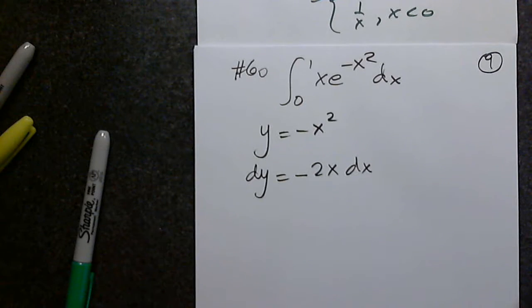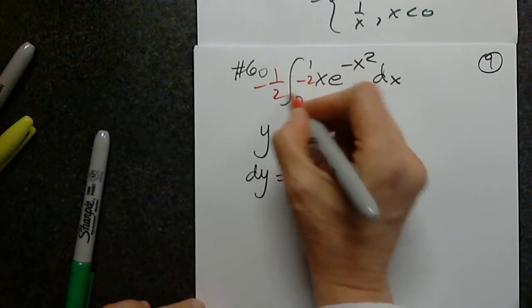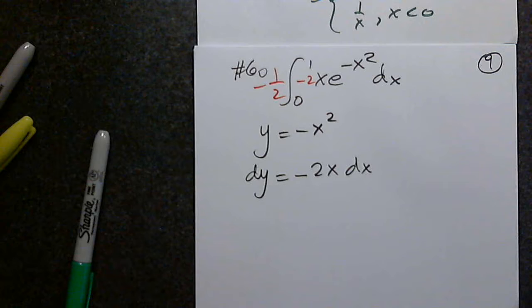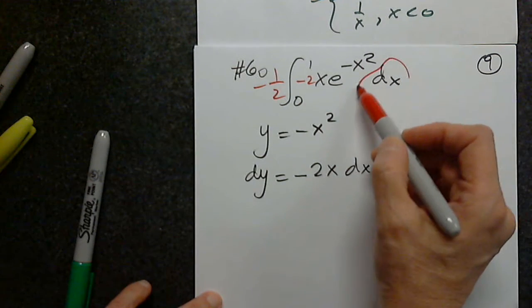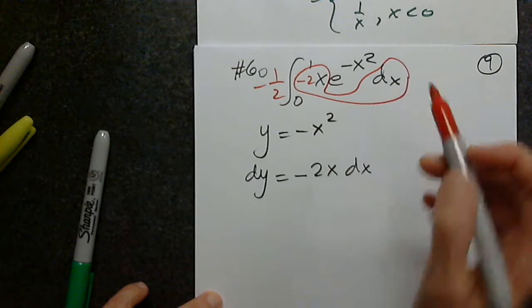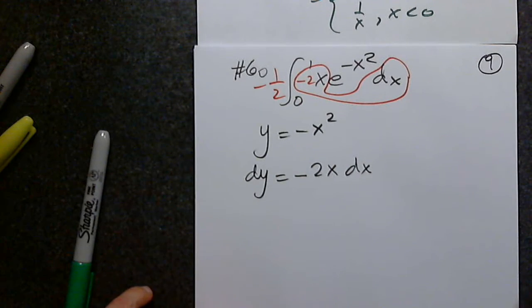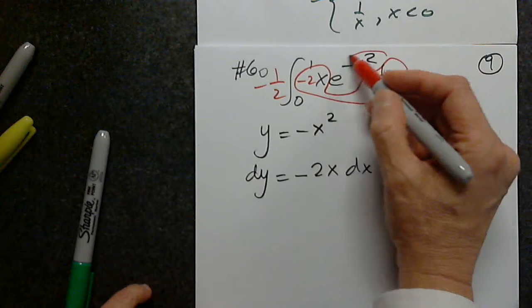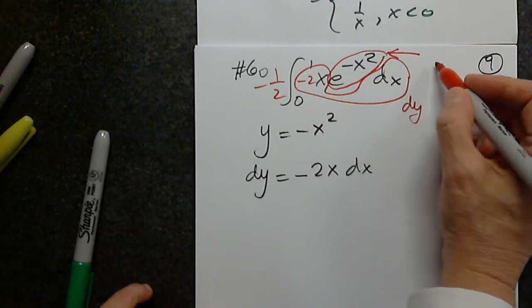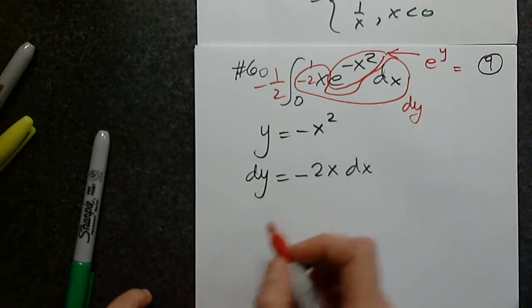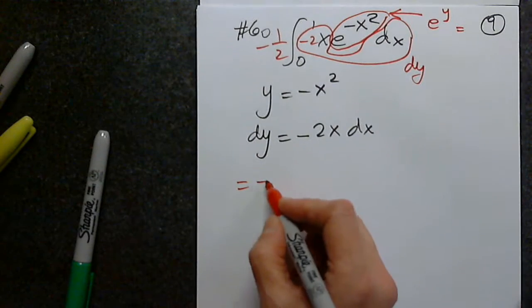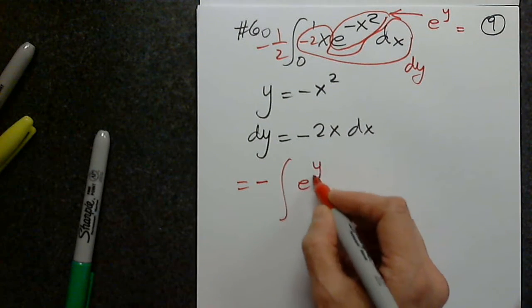Negative 2 is friendly. There is never a problem with negative 2. Multiply and divide by negative 2 is a piece of cake. And now I have this, which represents dy indeed. And I have this, which represents e to y. Good. Do not write the limits of integration, please. So this is e to y dy.